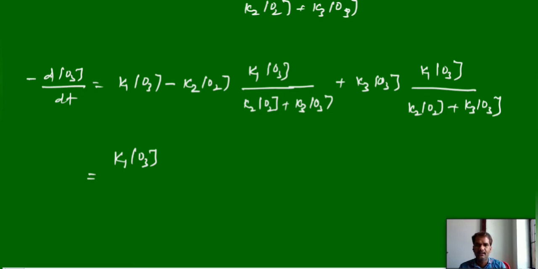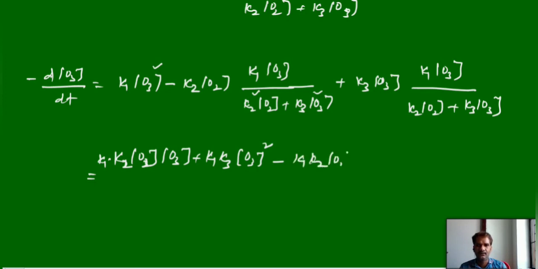That means you can write K1 K2 O2 O3, and this one and this one if you multiply K1 K2 and O2 O3. Next this one and this one if you multiply it plus K1 K3 O3 square minus here K2 O2 K1 O3.